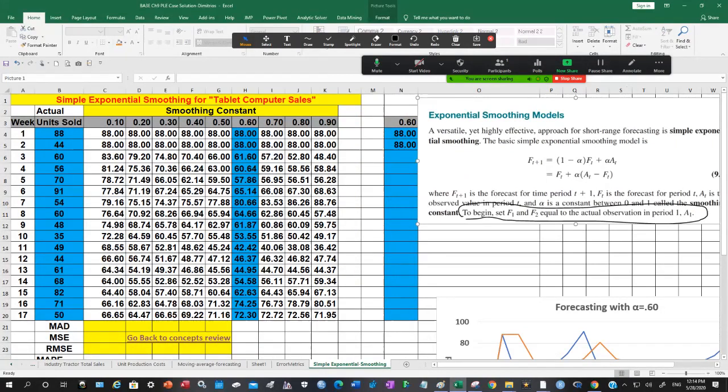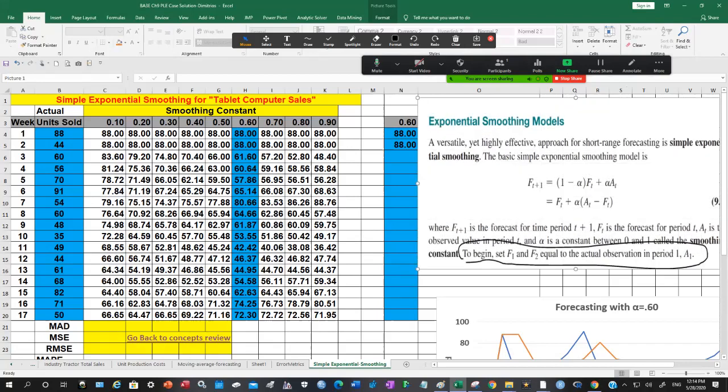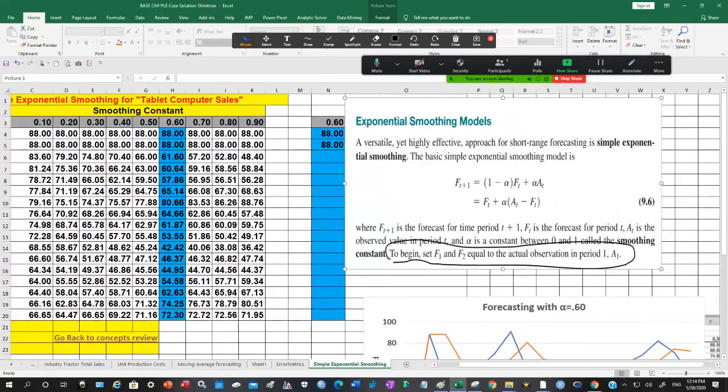When we do simple exponential smoothing, the basic formula, let's make this a little bit bigger, is: uppercase F is for forecast, uppercase A is for actual. The alpha used is the smoothing constant. And this here tells us the next forecast, T is the period.